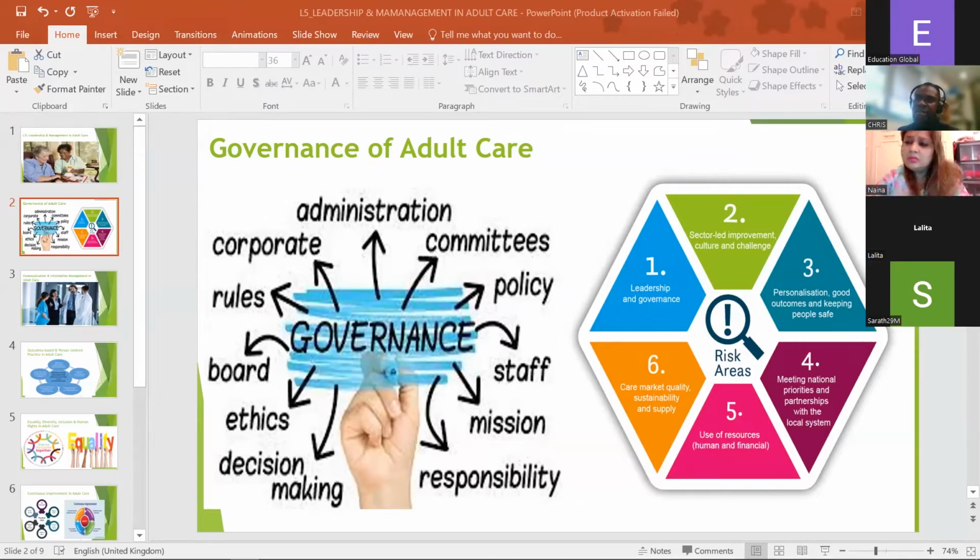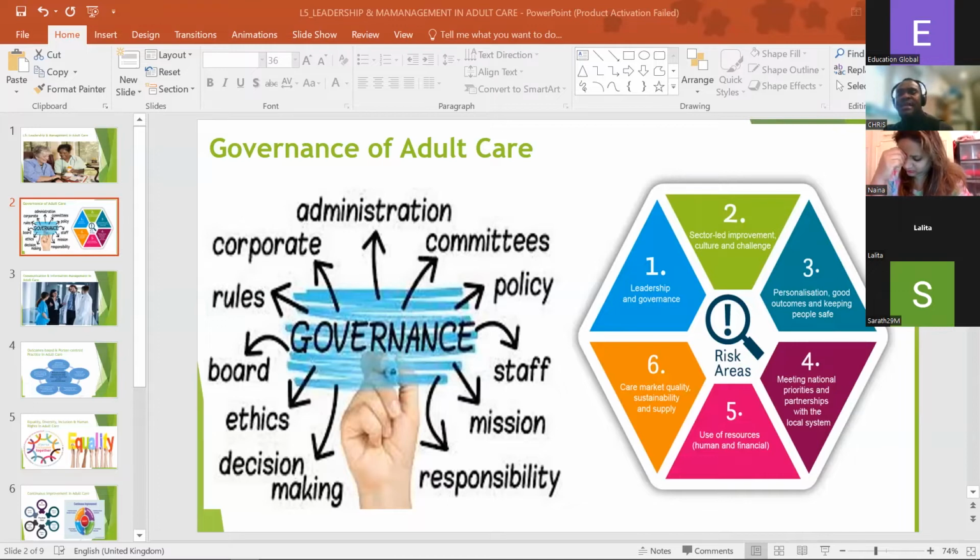Over there, we'll be talking about legislation and statutory guidance that applies to every aspect of service provision. You know that when we talk about health and social care service provision, we have adult care, we have primary care, we have secondary care, and different segments of it. We'll be talking about all of that over there.